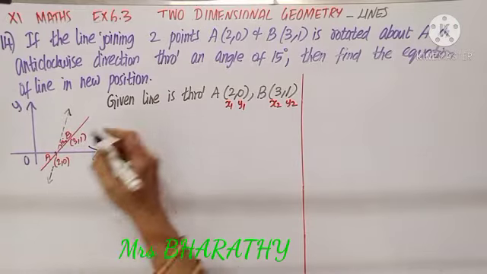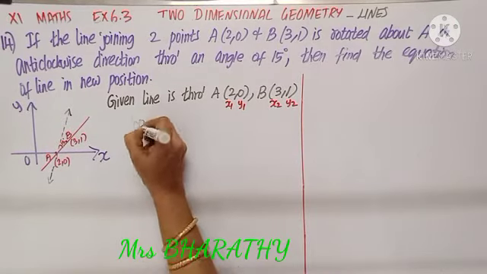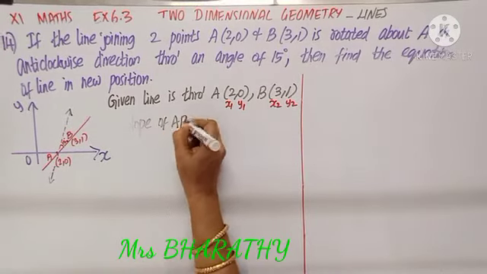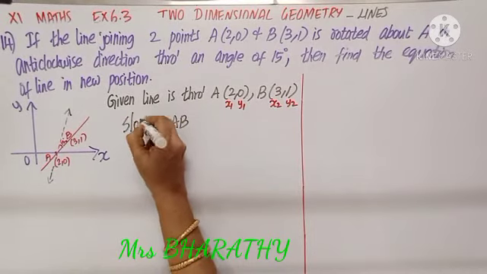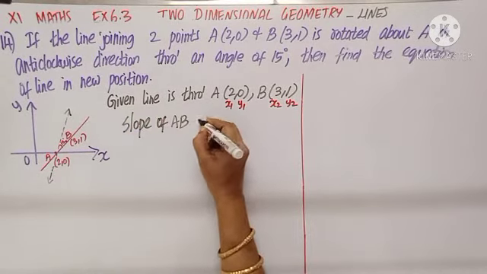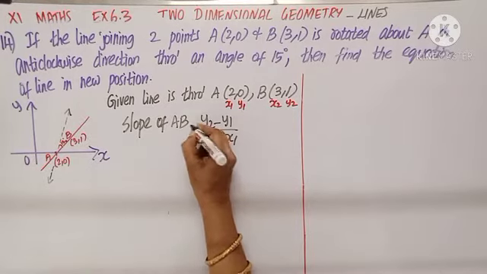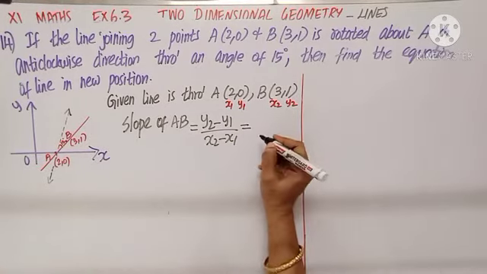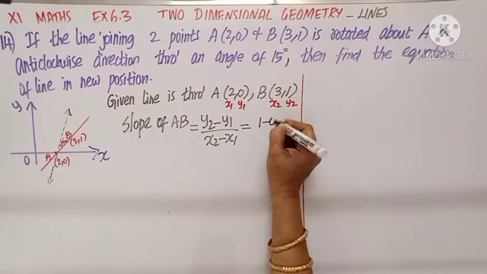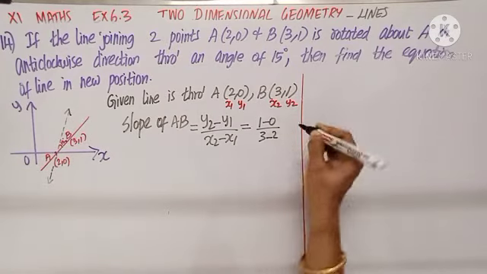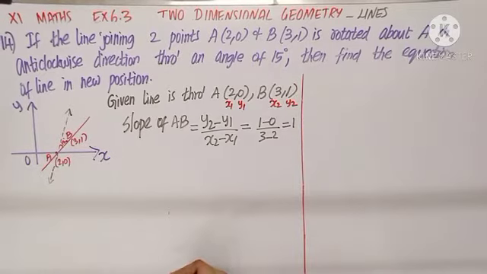Let us find out the slope of AB. Slope of AB is y2 minus y1 by x2 minus x1, or I get 1 minus 0 by 3 minus 2, that is 1.